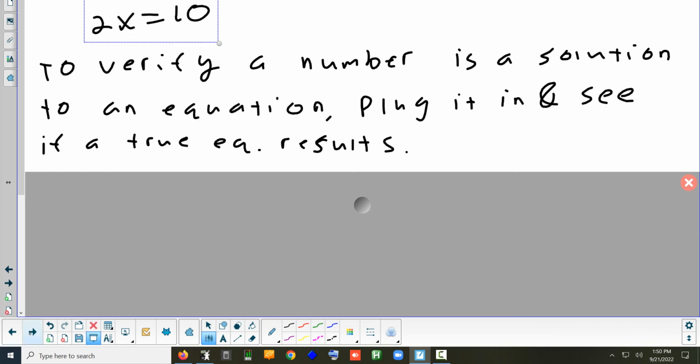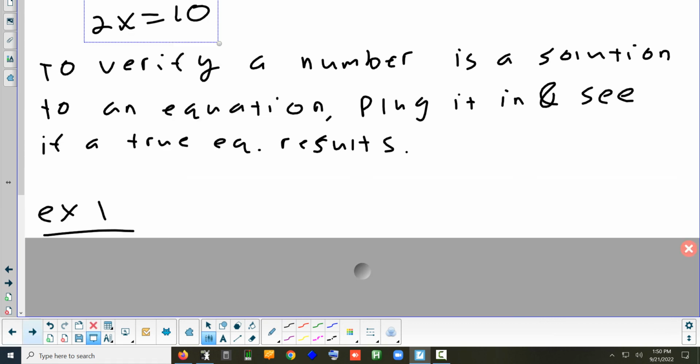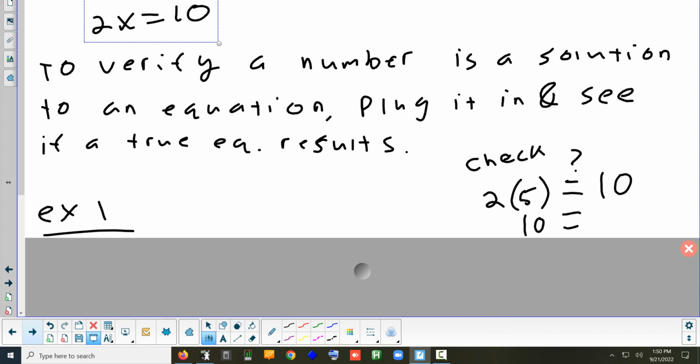So if I thought 5 was a solution and I wanted to check it, I would say 2 times what I think the answer is, I think it's 5, equals, and I put a question mark there because this is what we don't know, hoping it equals. We're going to find out. 2 times 5, that is 10. I had 10 on the other side, so that checks. So x equals 5 is correct.